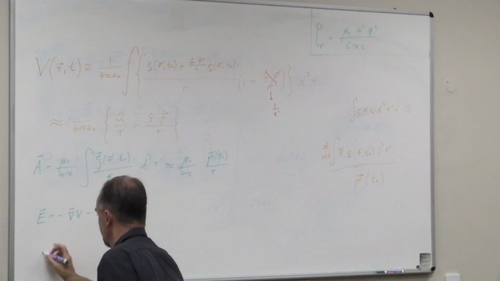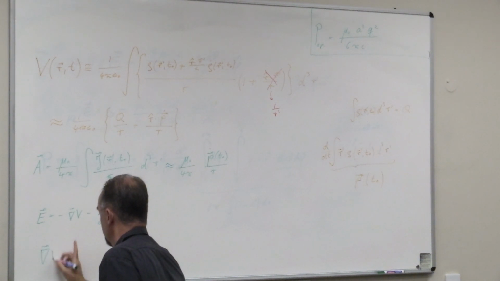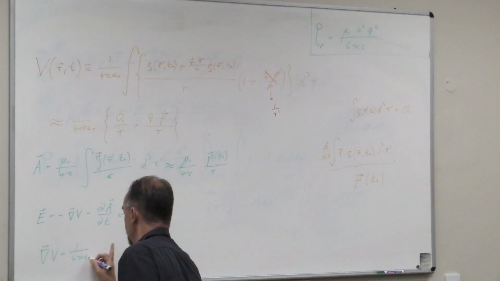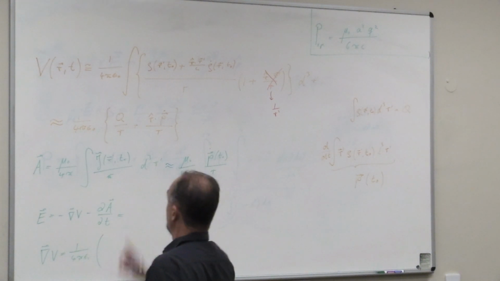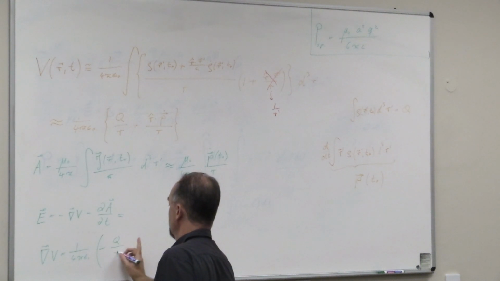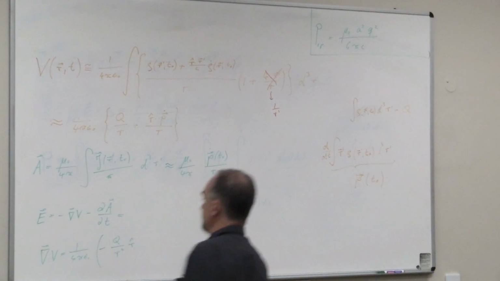Let's write this out. Gradient of V is 1 over 4 pi epsilon naught. This, of course, gives us just minus Q over r squared unit vector, right?